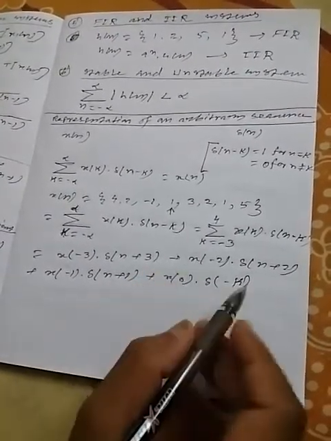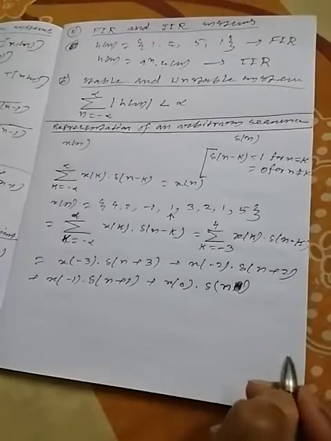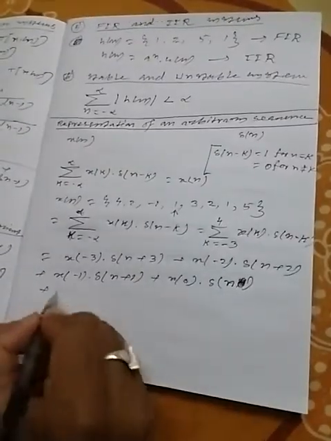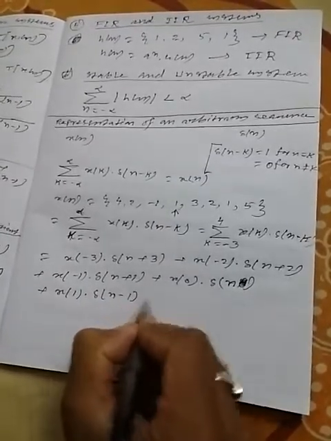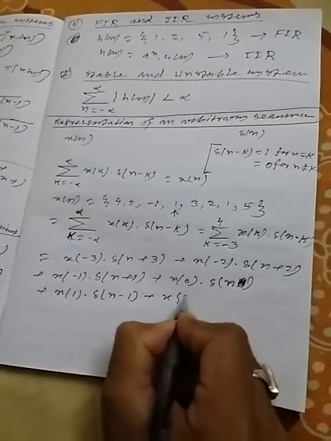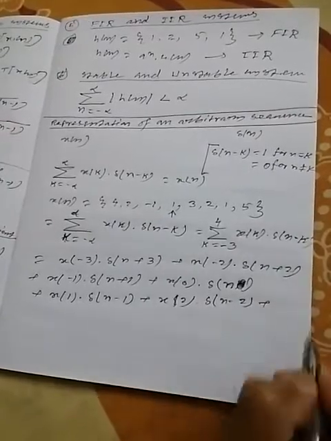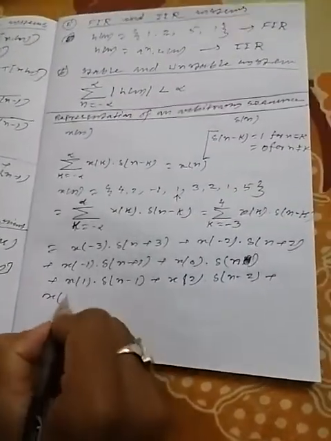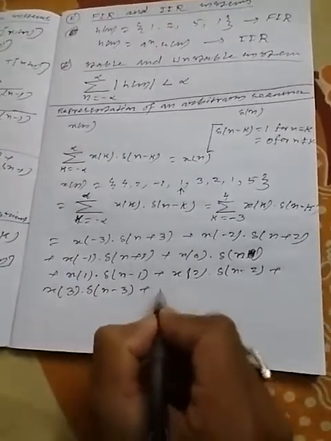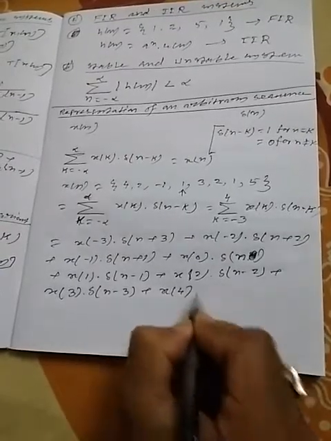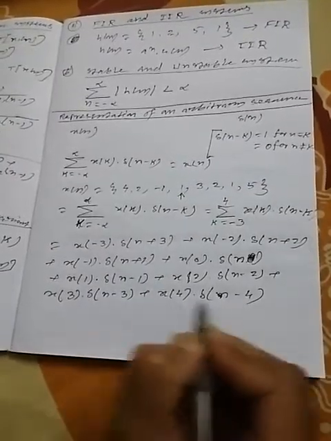Here the value of k is 0, so this is delta[n]. Now plus x[1] into delta[n minus 1], plus x[2] into delta[n minus 2], plus x[3] into delta[n minus 3], plus x[4] into delta[n minus 4], right?